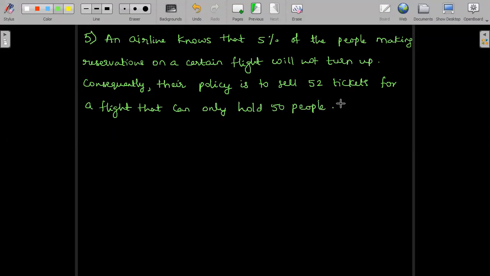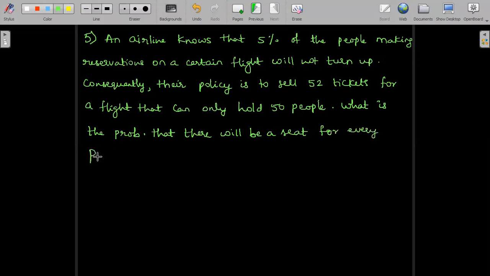What is the probability that there will be a seat for every passenger who turns up?